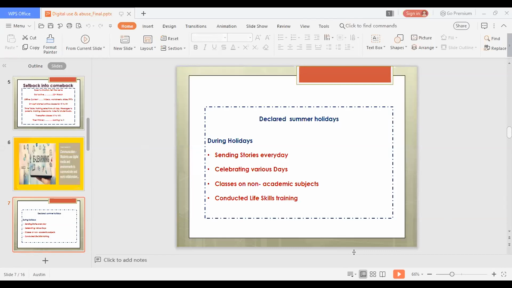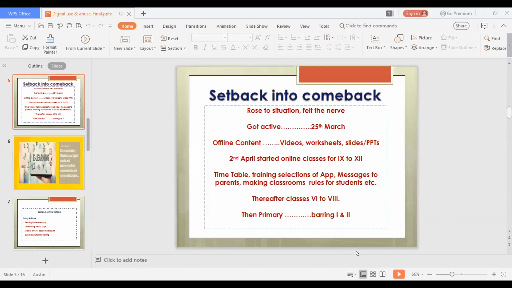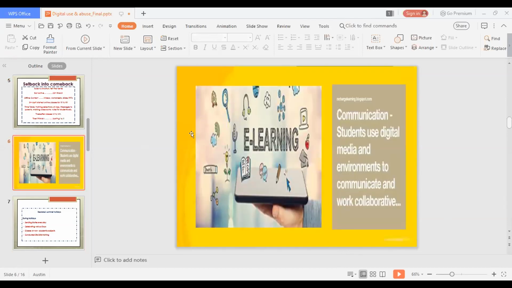And we felt that in this communication, where students were used to using digital media, we were able to communicate in a good manner. Though there were some hiccups, which I'm going to talk about, overall, we were successful.